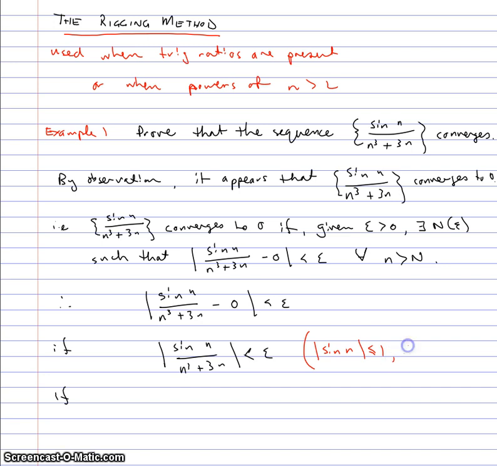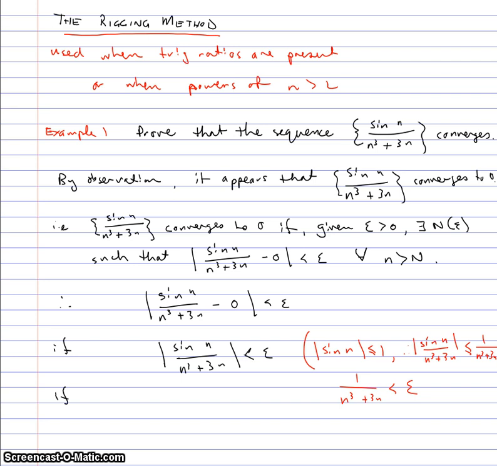So that means that the absolute value of sine n over n cubed plus 3n is going to be less than or equal to 1 over n cubed plus 3n, which means that we can say that 1 over n cubed plus 3n is also less than epsilon.